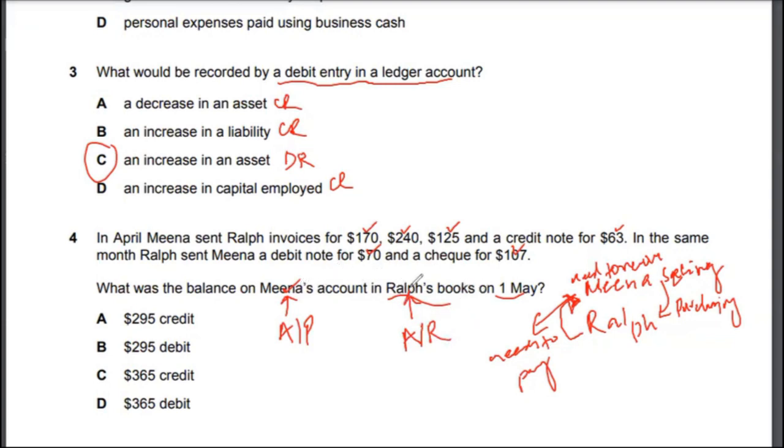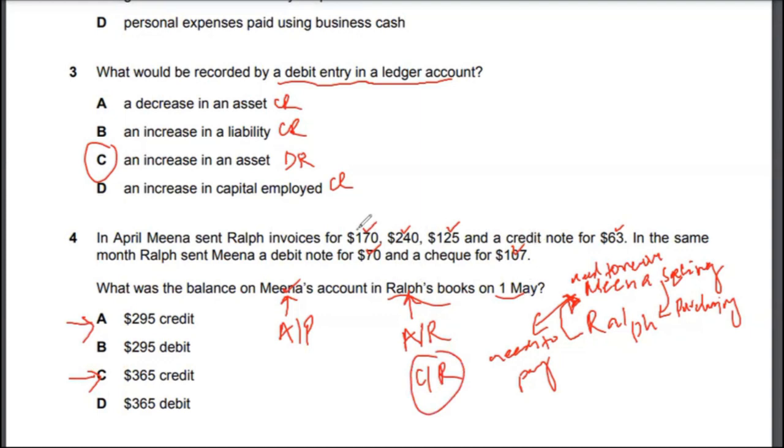In Mina's book, Ralph is an accounts payable, whereas in Ralph's book, Mina is accounts receivable. In this case, it would be either option A or option C, because the question is asking from Ralph's book's perspective. So it's going to be accounts payable, and it will have a credit balance.